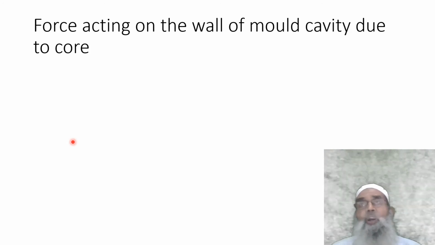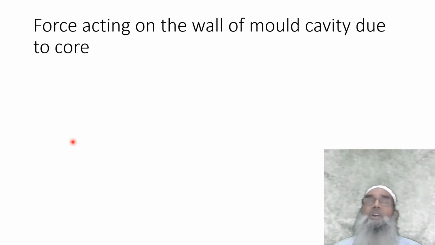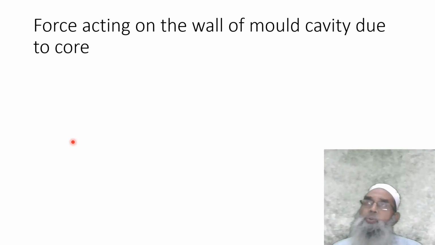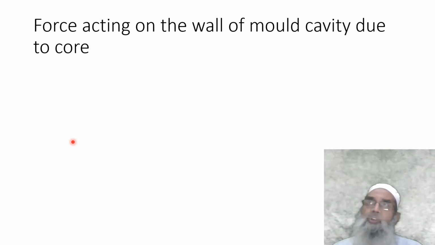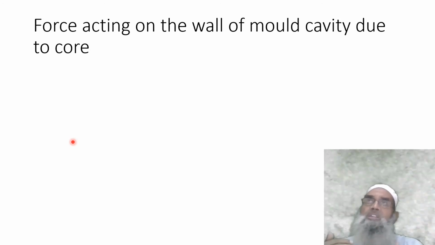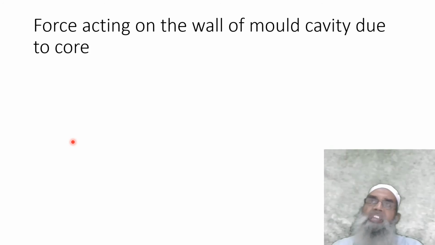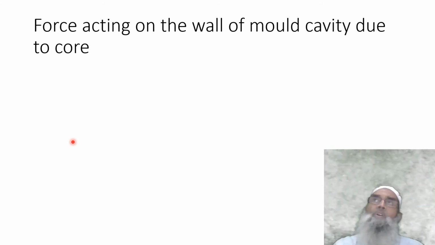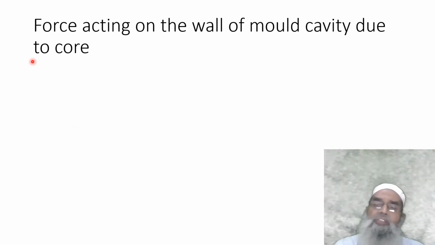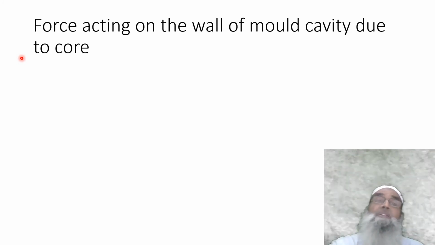Let us see what forces act on the mold wall due to this buoyant force acting on the core. The buoyant force of the molten metal acts on the core, and this force will be balanced by the force acting on the wall.